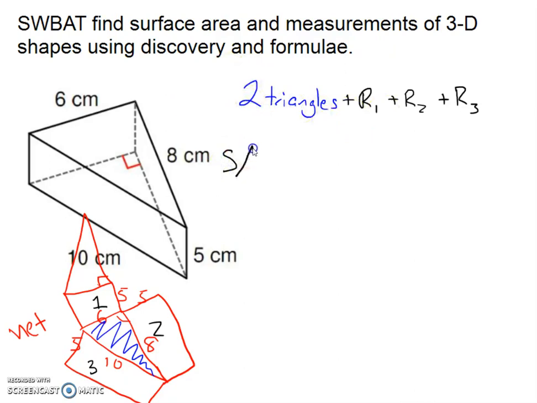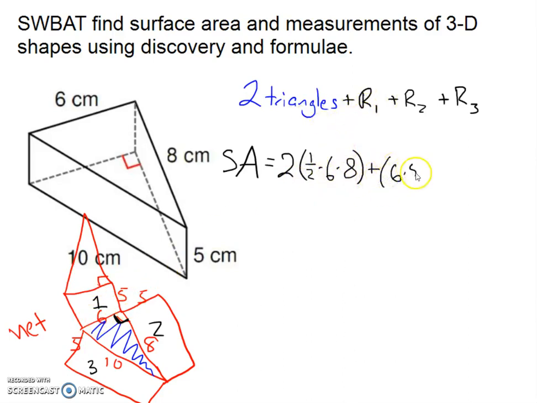So we're now able to actually start doing our calculations. Surface area is equal to 2 times the area of that triangle, which is 1/2 base times height, and the base and the height are determined with the right angle, so the base and the height are 6 and 8. So this is 2 of those triangles, plus the first rectangle is 6 by 5.